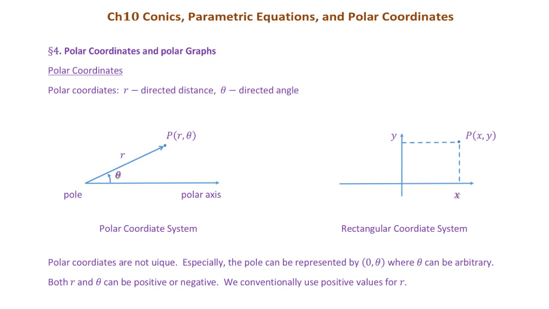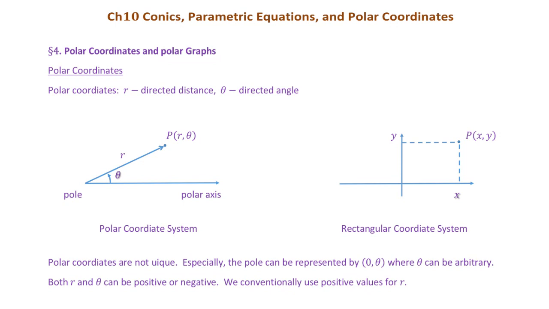Okay, so one of the huge differences between the polar coordinates and the rectangular coordinates is that polar coordinates are not unique. That is because of the polar angle theta: if you rotate a whole cycle, you come back to the same point P, right?